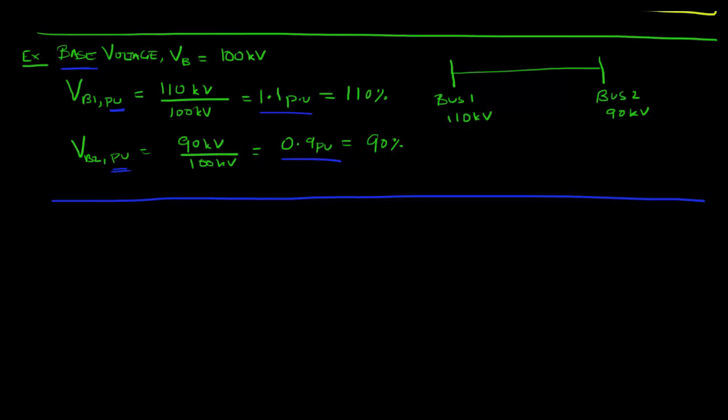One of the biggest advantages, for example, is when you have transformers, on the primary and the secondary side of the transformer, it basically makes the transformer vanish when you're doing calculations, when you're trying to find out the load flow and things like that. And that's the beauty of them.